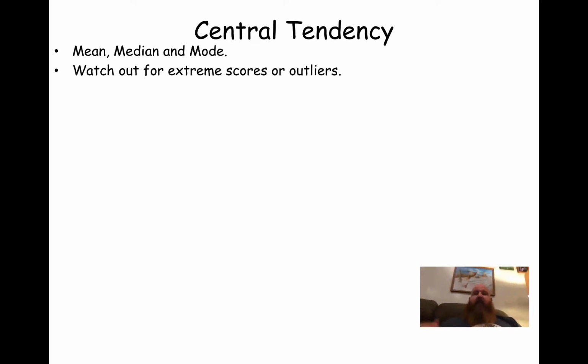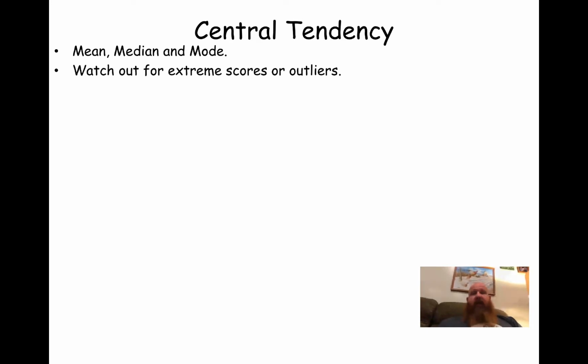Median is if you put your data set in numerical order, it's the very middle number. Think of the median in your road, going down the bypass. You've got, I think now it's a left-hand turn lane, but it's also the median, meaning it's in the middle of the road.